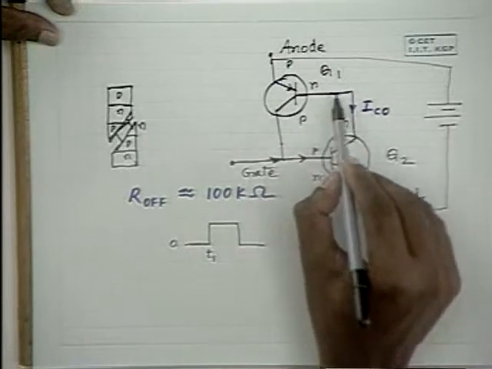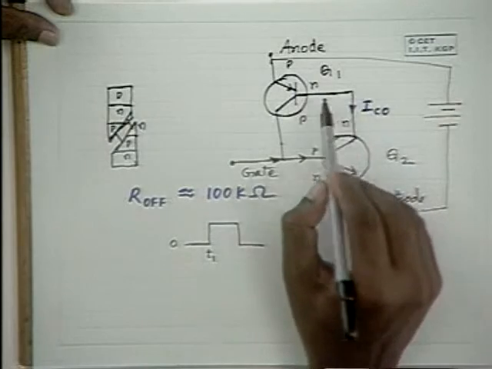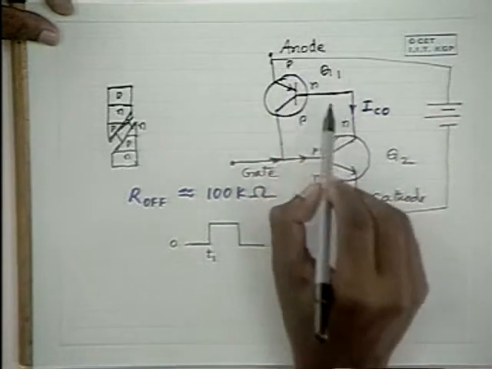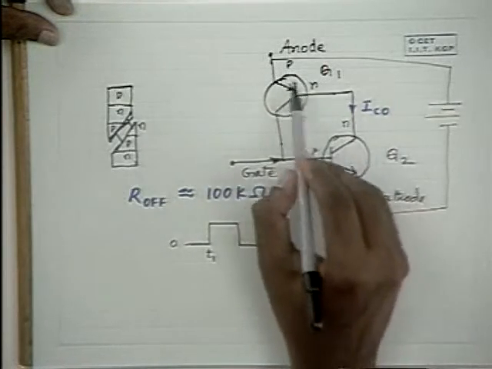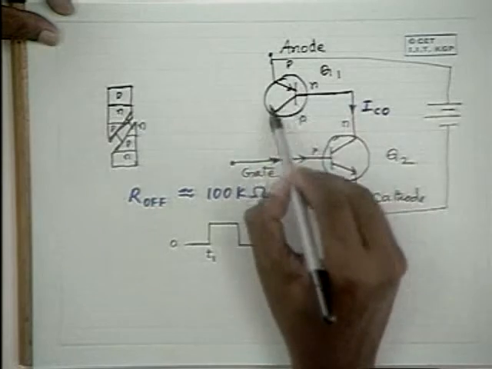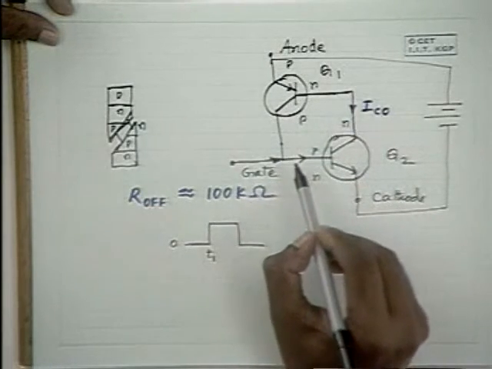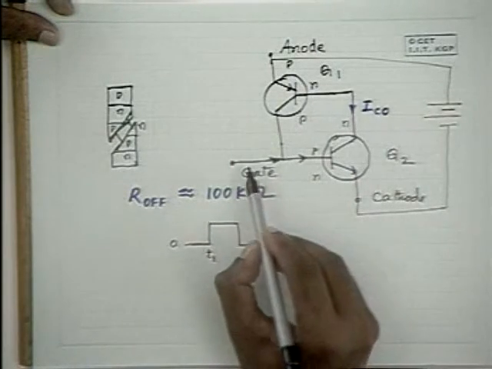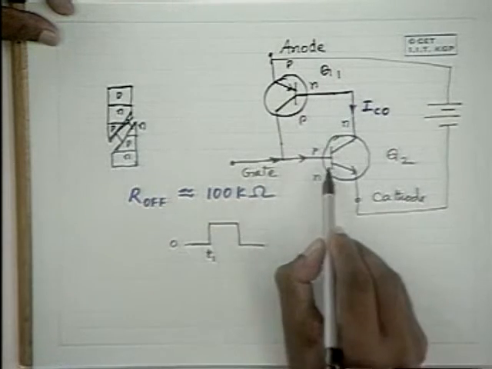because this current biases this transistor and makes the PN junction forward biased. Since this current is coming, the transistor is on, therefore a large amount of collector current flows, and this large collector current now adds to the gate current supplied by this positive pulse.